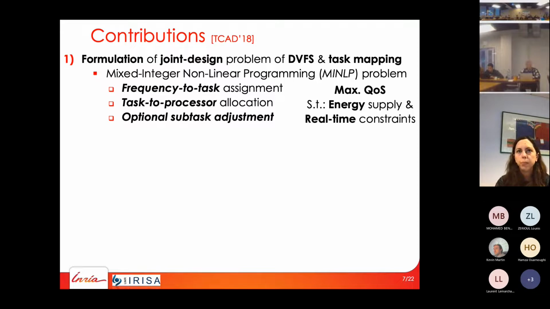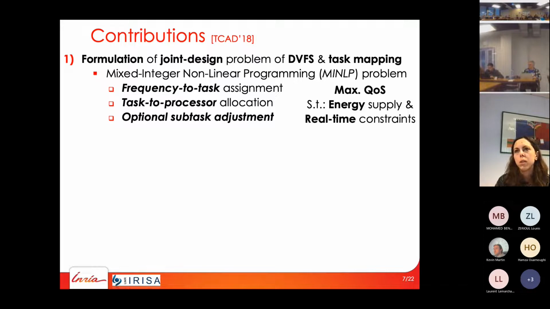As a first step, we have the formulation of our joint problem, taking into account DVFS and task mapping. This problem is formulated as an MINLP, a mixed integer nonlinear programming problem, that concurrently optimizes the frequency to task assignment, the task allocation, and the optional subtask adjustment.